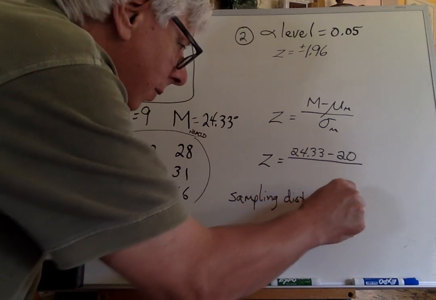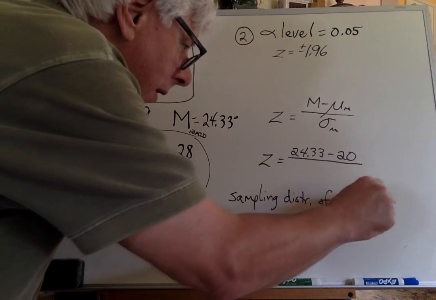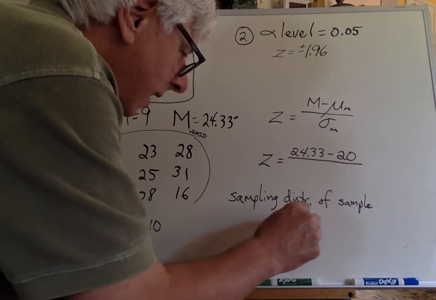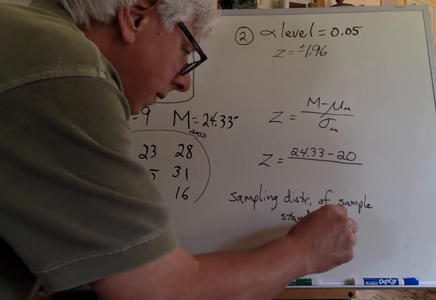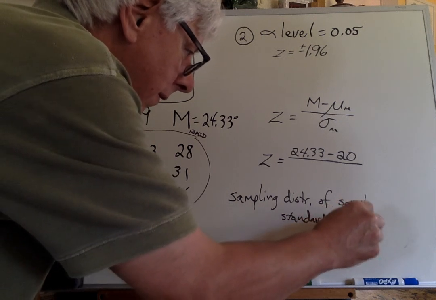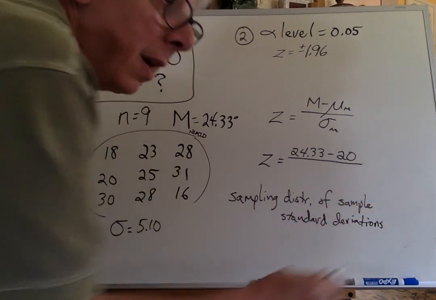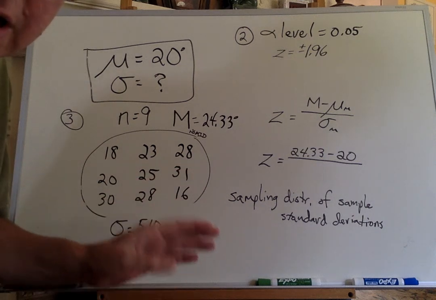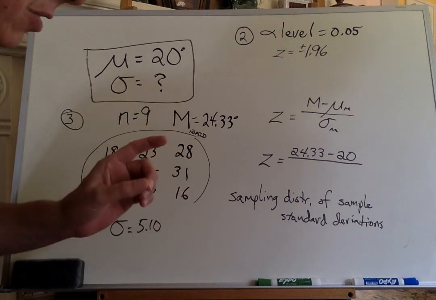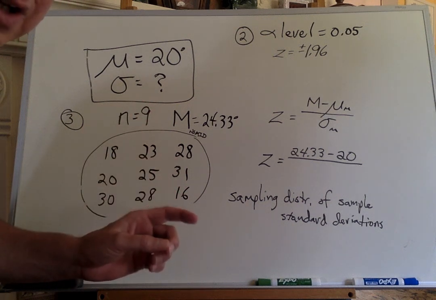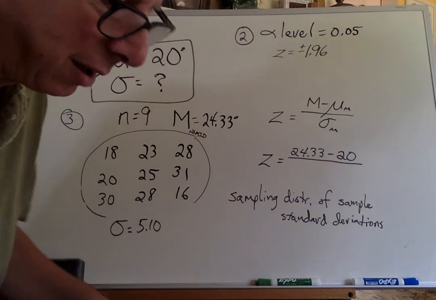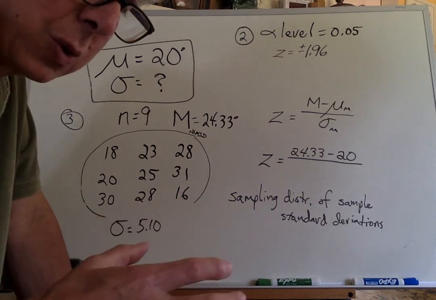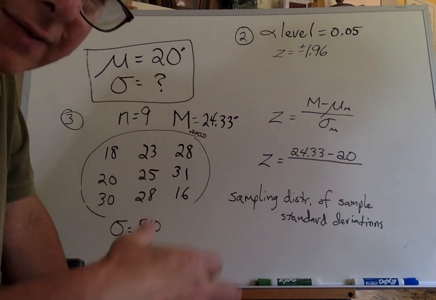but now we're going to do a sampling distribution of sample standard deviations. Remember before we did a sampling distribution of sample means. Now we're going to do a sampling distribution of sample standard deviations. And you're like, what the? Well, listen, here's what we're going to do. I got my canvas bag.